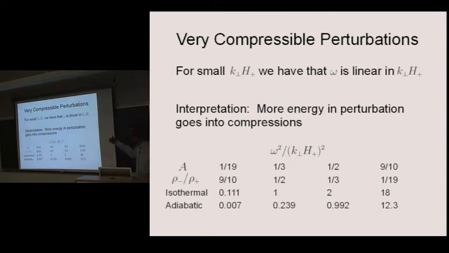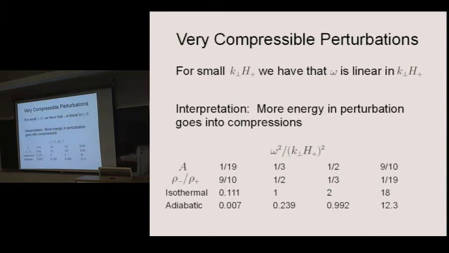So omega approaches this value as kh goes to 0. So there's kind of two limiting regimes. One where you're isothermal, so the conductivity is very large, and one is adiabatic, and the conductivity is very small. And everything in between is bracketed by these two values.